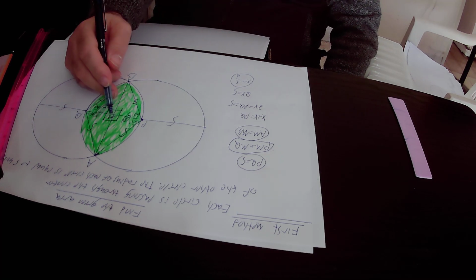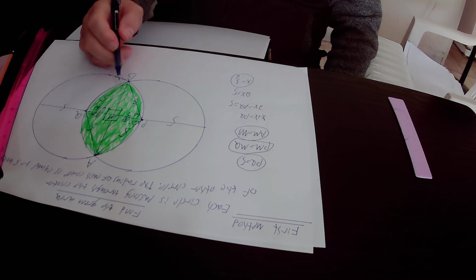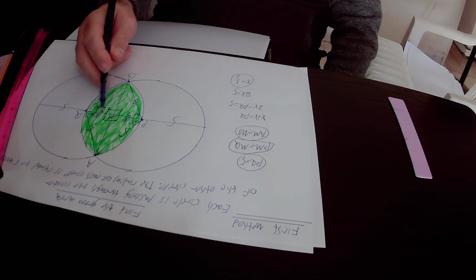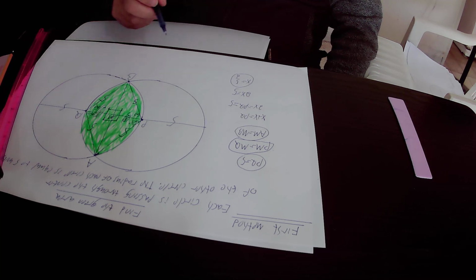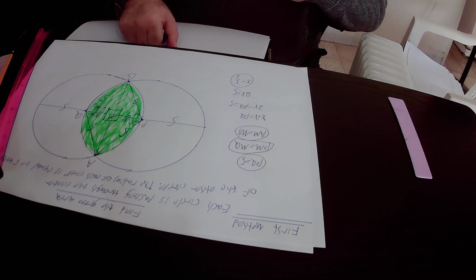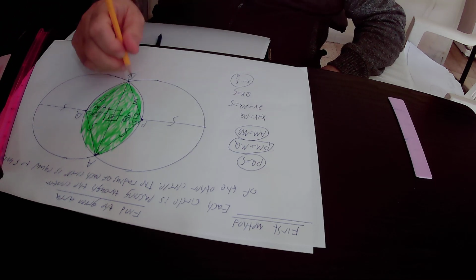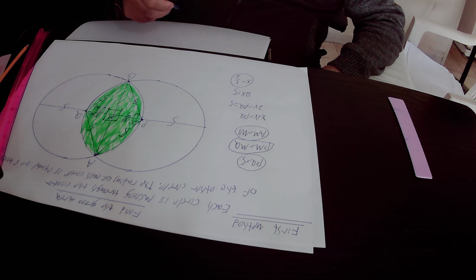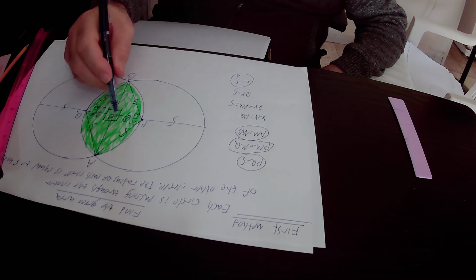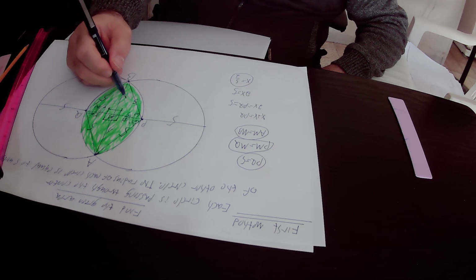We know that AM equals MB, because the diagonal PQ bisects AB, therefore AM equals MB. So if we define AM as h, then MB will also be equal to h.